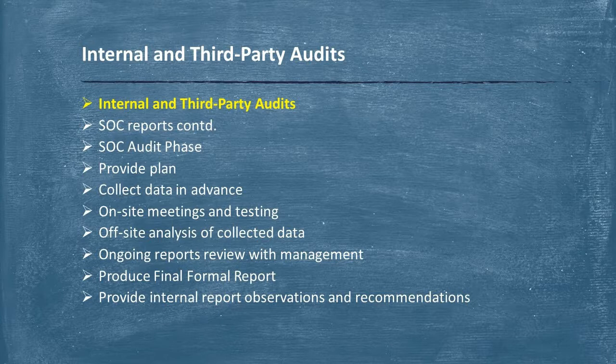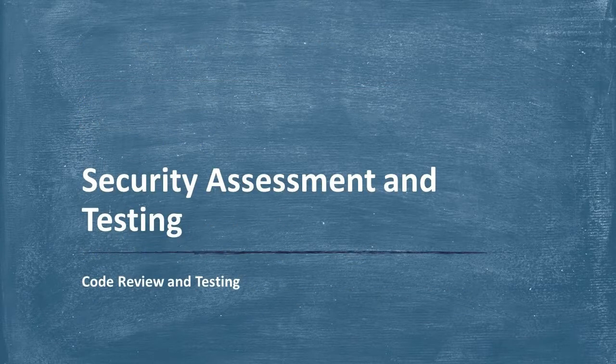Ongoing report of progress and issues identified. They keep communicating to the organizations and keep sending reports on an ongoing basis. Draft report review with the management, produce a final formal report, provide internal report observations and recommendations.